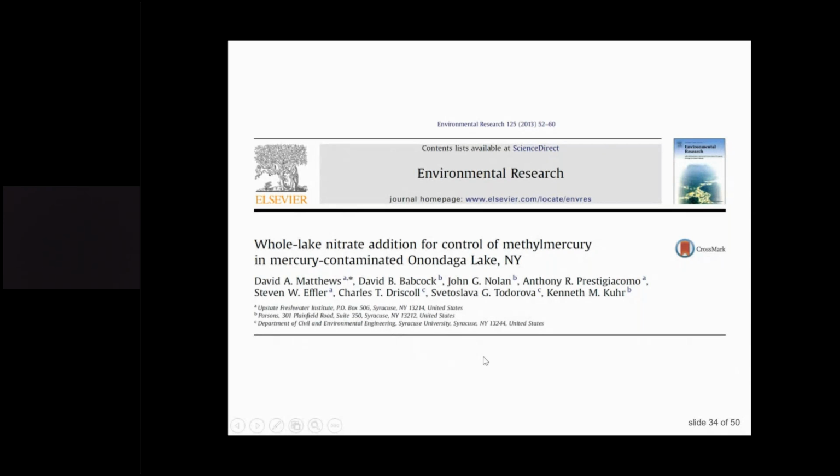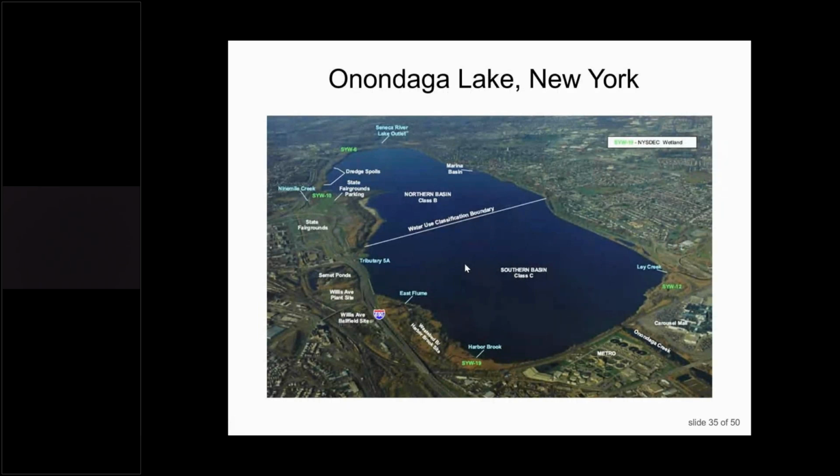And so good old Onondaga, it's an urban lake, and it is just really super polluted with mercury. There was a chloralkali plant out on this end of the lake, and it's just extremely contaminated with mercury. So it's been a real challenge to manage. It's a big urban lake.